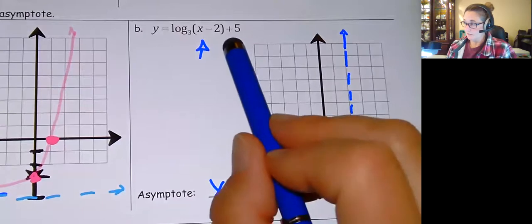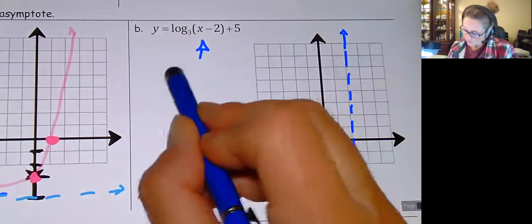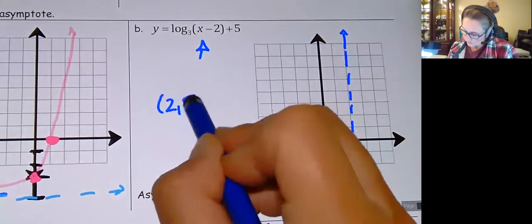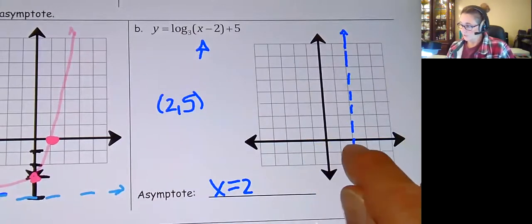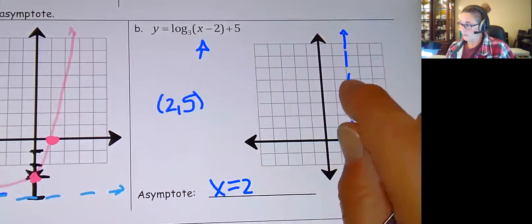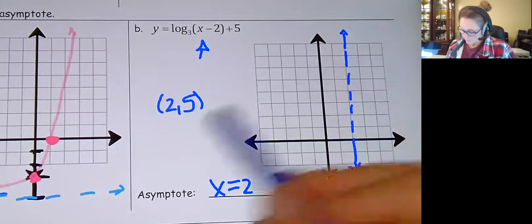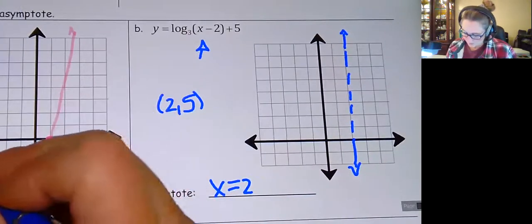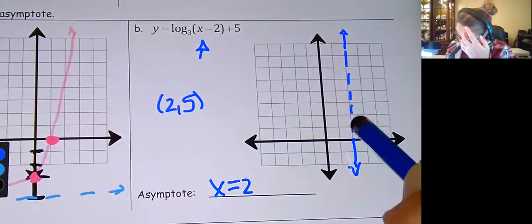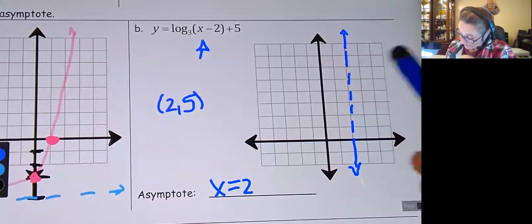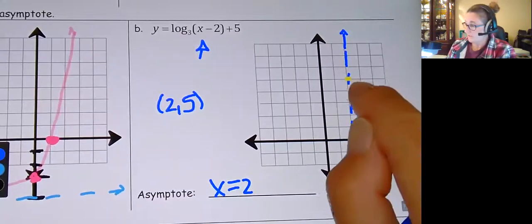The plus 5 means that I'm going up 5. So you can kind of think of 2 comma 5 as kind of a locator point. So 2 puts me on the asymptote, 1, 2, 3, 4, 5. I'm just going to put a little mark. This is not actually part of my graph. Here, I'll do it in yellow. 1, 2, 3, 4, 5. Okay, kind of faint there.